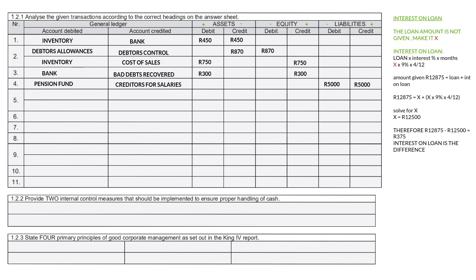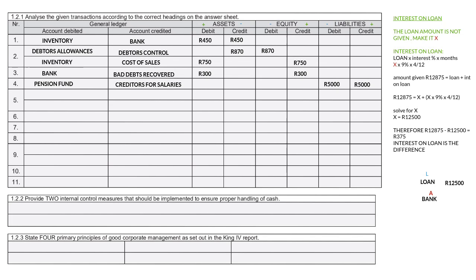So this will have two transactions. Our first two ledger accounts will be the recording of the loan. So our first account will be loan, and our second account will be bank. Loan is a liability, bank is an asset, and the loan amount is 12,500 Rand.